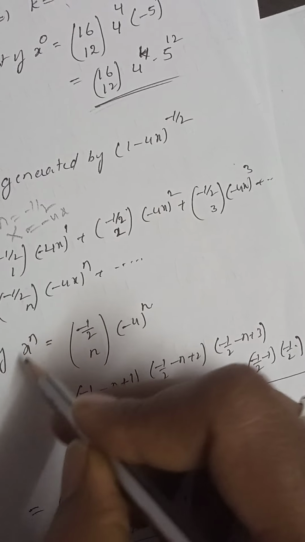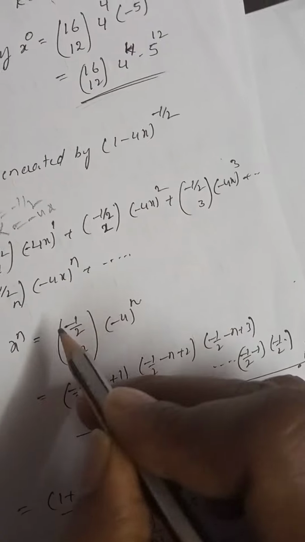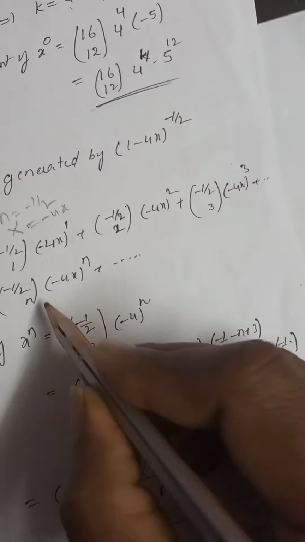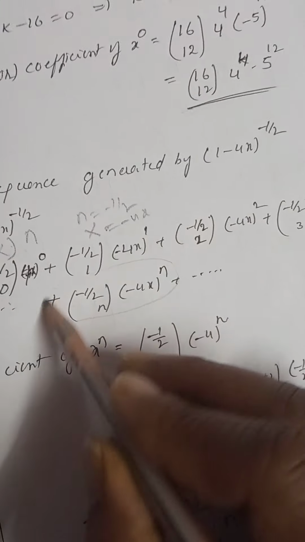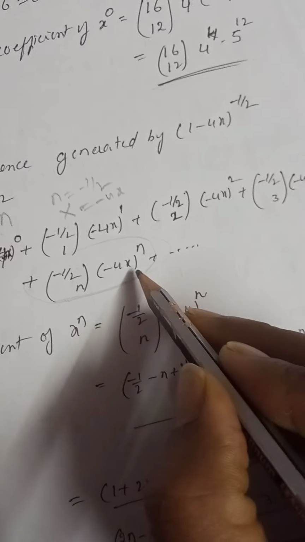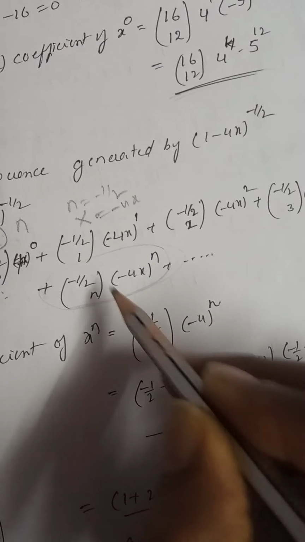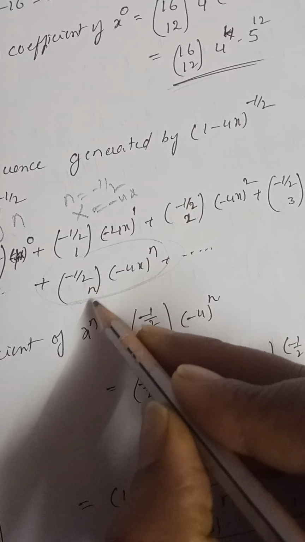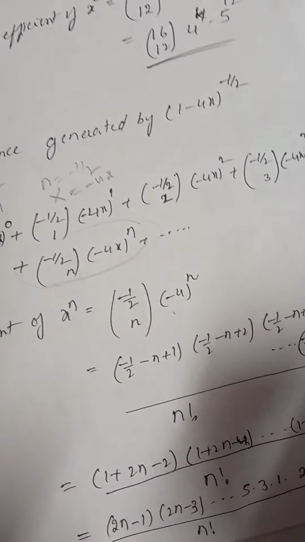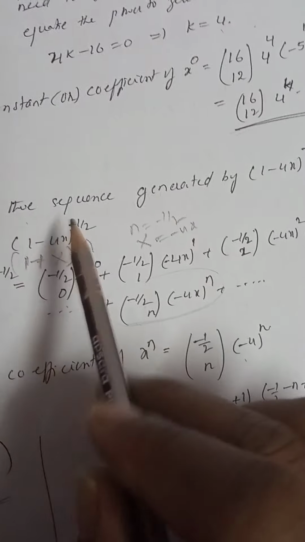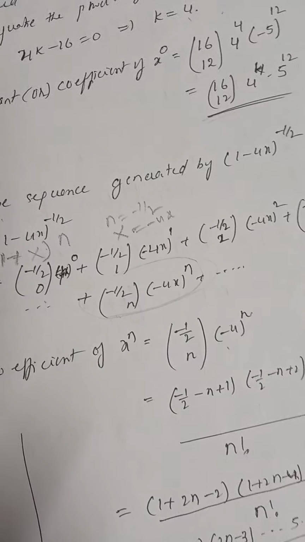Here I am writing the x to the power of n coefficient, not the nth term. No need to simplify this one. Simply I am going to determine the sequence generated by that one.